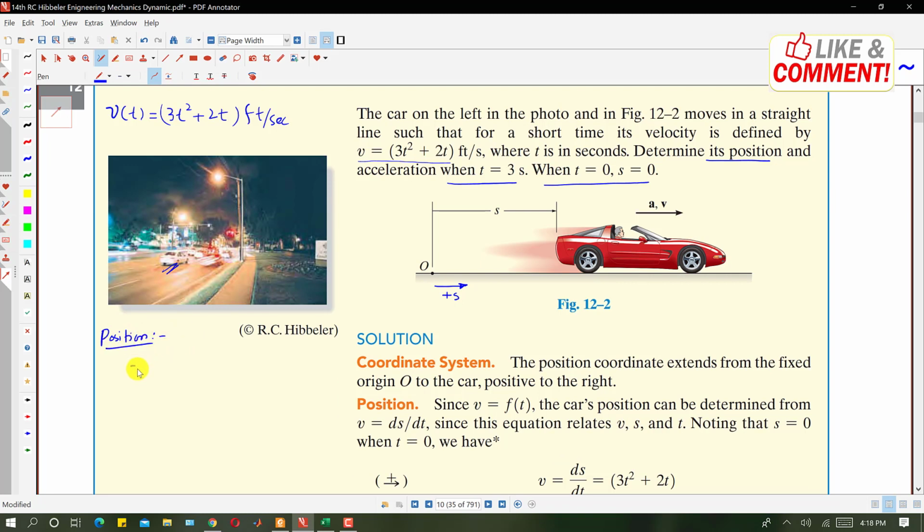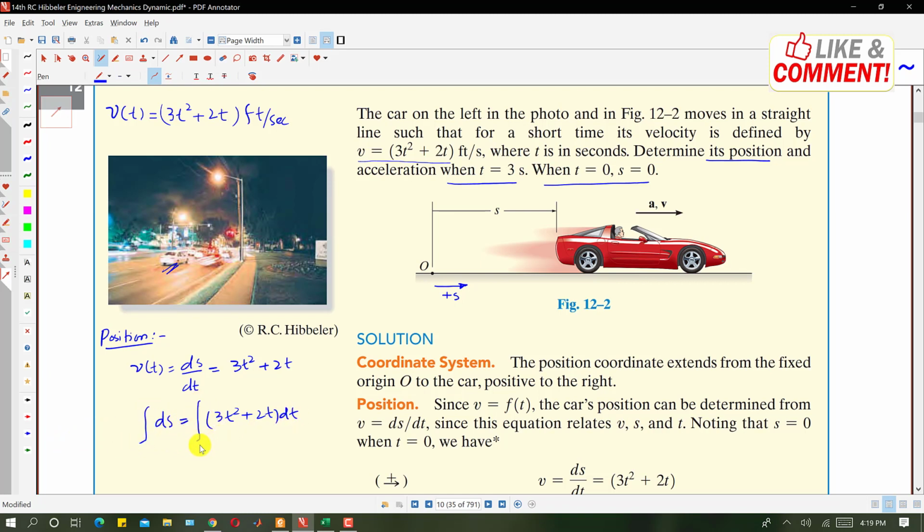How to find this? v of t is given, so v of t is equal to ds by dt, and we are given this function which is 3t square plus 2t. Now to find the position after 3 seconds, we have to find the position function. So we can write that ds is equal to 3t square plus 2t into dt, and we have to integrate this to find the position.